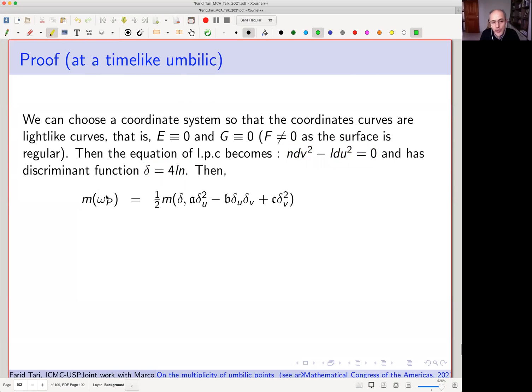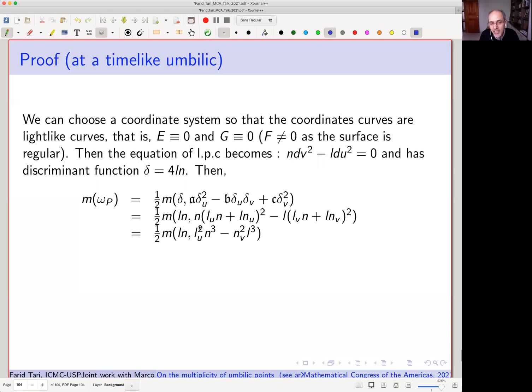Then if you go to the multiplicity of the equation, according to my paper with Bill, it's given by the multiplicity of this ideal. Now you just substitute B equal to 0 in our case, and this A is N, this C is L, and delta is LN. So you substitute here and you calculate the derivatives. So you just calculate the multiplicity of this ideal. Well, because I have LN here, any element here that is a multiple of LN can be simplified.